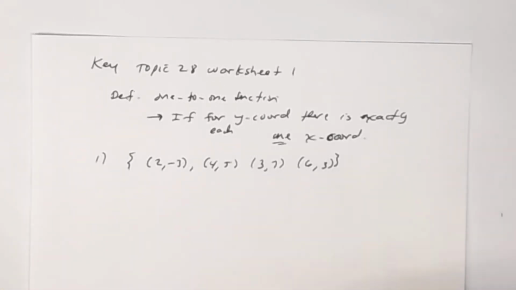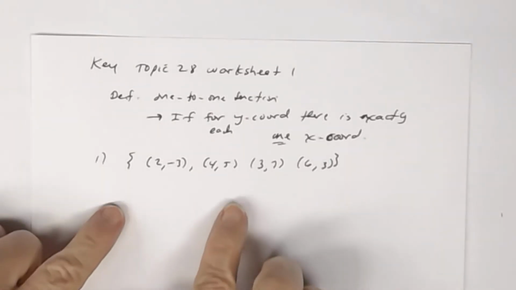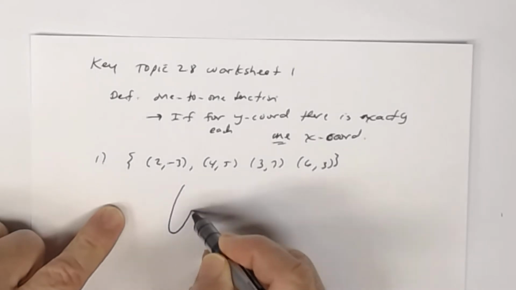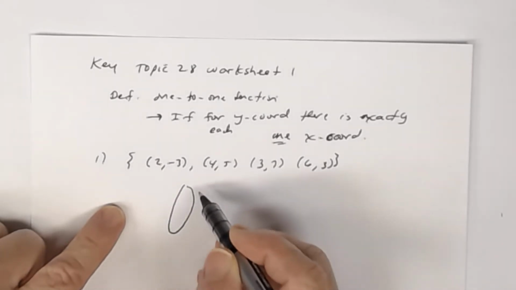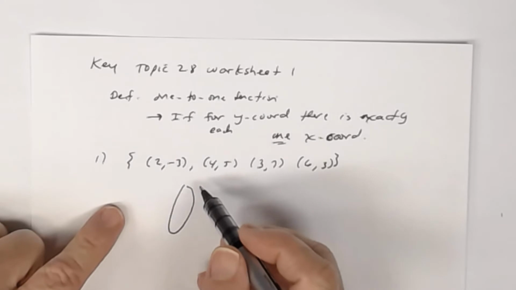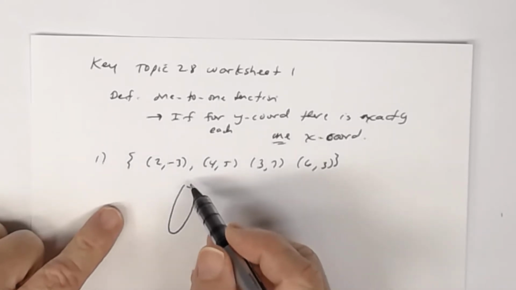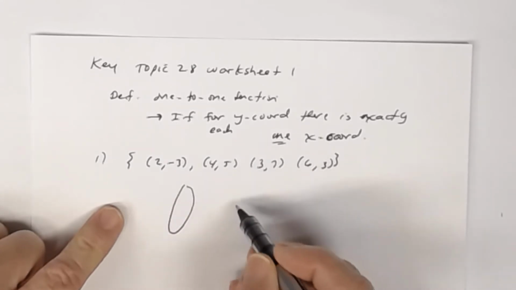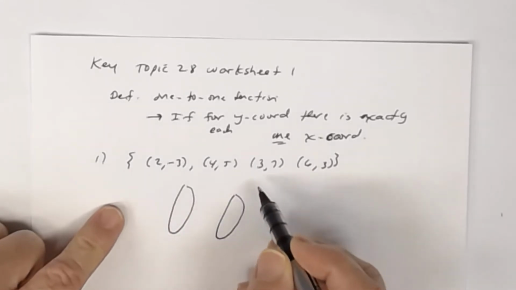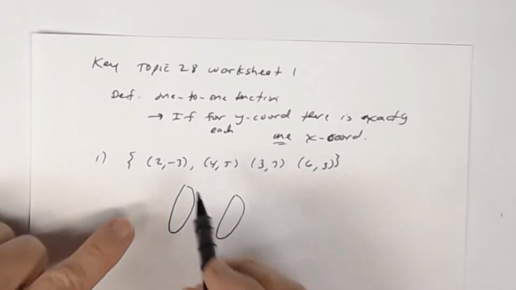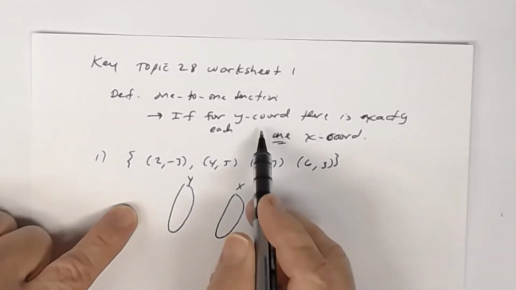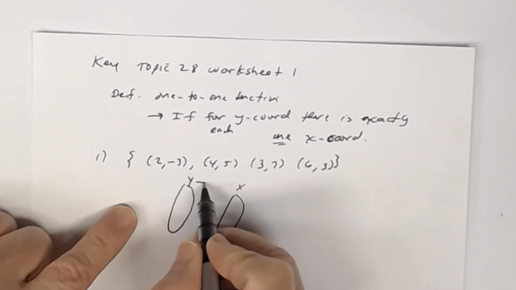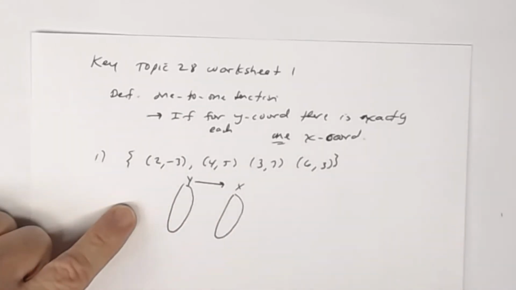When you have a set of ordered pairs, the best way to determine if it's one-to-one is to use that mapping, just like you did in a previous lesson when you were asked to determine if a relation is a function. But instead of saying x to y, like you did before, we now use y to x because it says for each y, there's exactly one x. So for each y, you want there to be exactly one x.